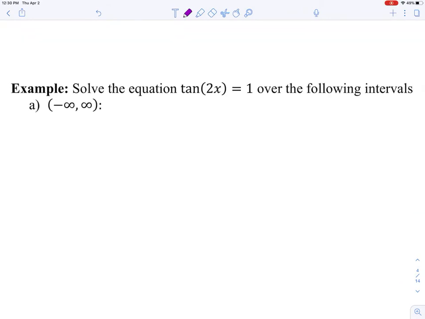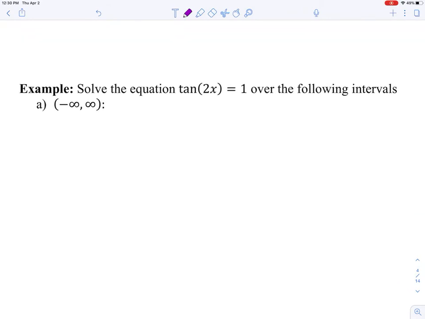So next, let's solve the equation tangent of 2x equals 1 over the following intervals. So over the interval from negative infinity to infinity, so basically over all real numbers, this is the general solution set.